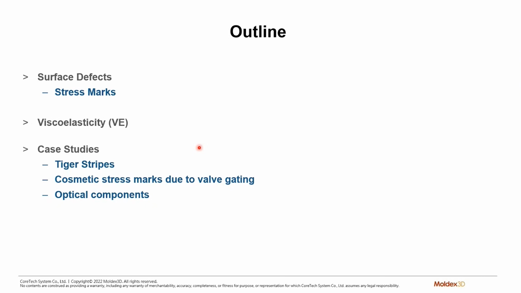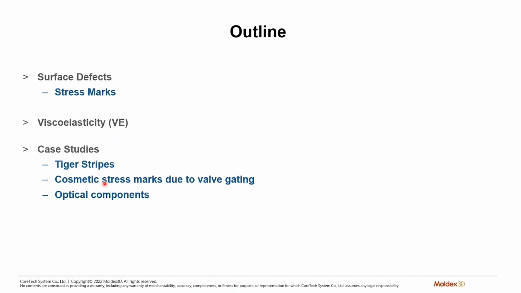We're also going to take a look at an intrinsic property of any plastic resin, which is viscoelasticity, and then tie these two together and talk about how this underlying property impacts your surface appearance and stress marks. We're going to look at three different types of case studies.